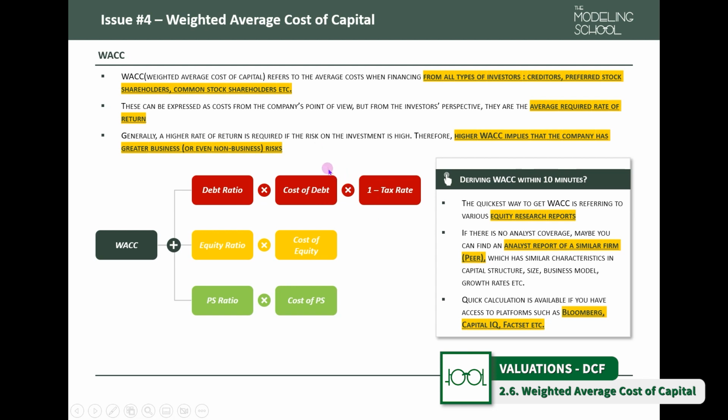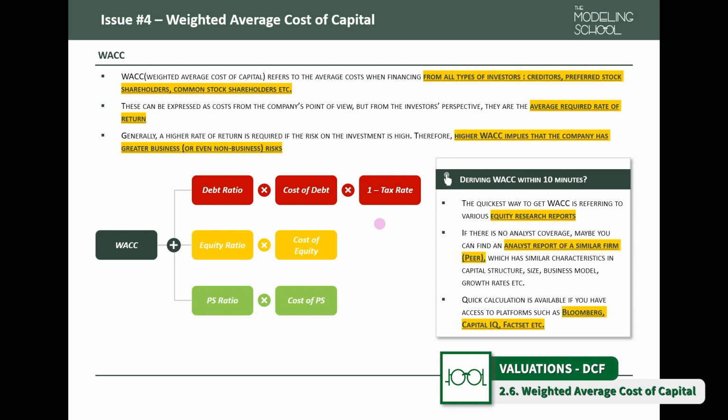And one more thing worth noting is that debt always provides a tax shield, because the more interest expenses you pay to the investors, the lower the tax expenses become.